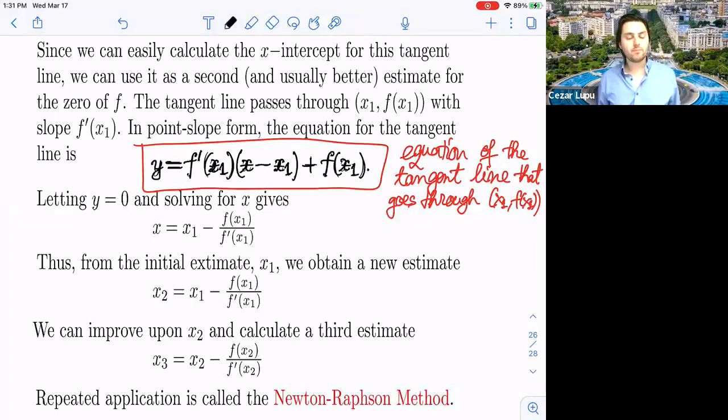Now let's plug in y equals 0. If we solve this for x, this will give us x equals x1 minus f of x1 over f prime of x1.